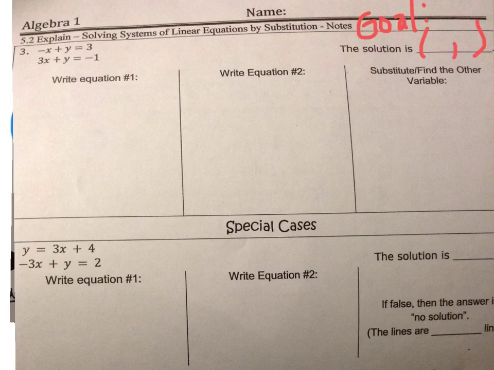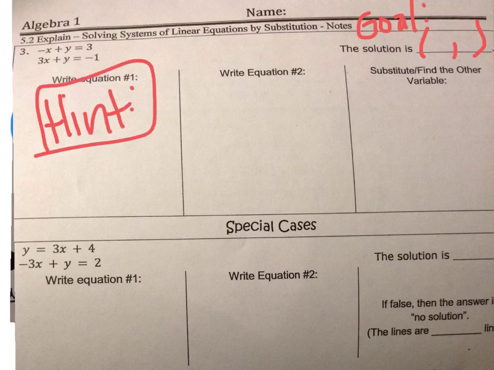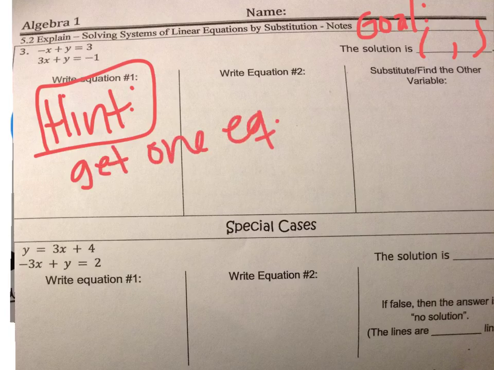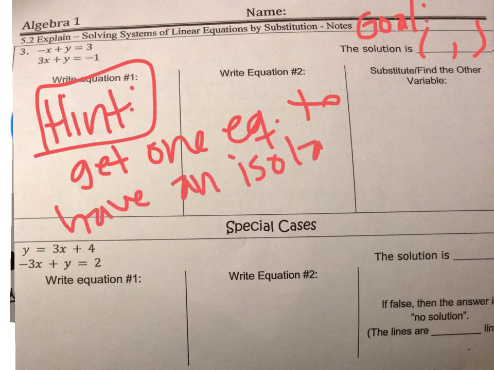If you have it correct and your work is all there, you're going to get 5 bonus points on your first quiz of the 6 weeks. And here is your hint. You must get one of the equations to have an isolated variable. In other words, have a variable, either an x or a y, where that variable is by itself.